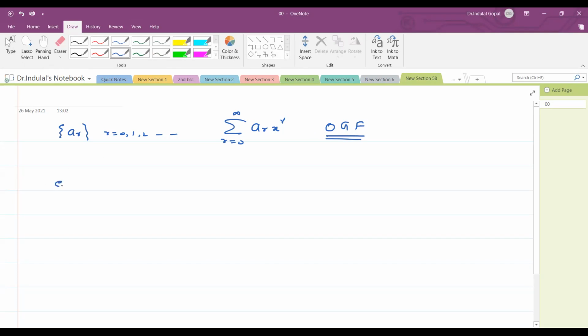See, we have the exponential function e raised to x is equal to 1 plus x by 1 factorial plus x squared by 2 factorial plus x cubed by 3 factorial plus etc. And this is sigma r equal to 0 to infinity x raised to r by r factorial.